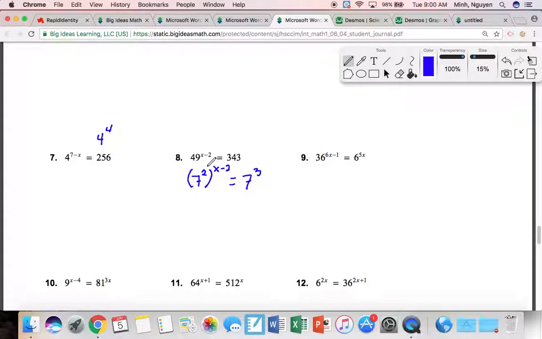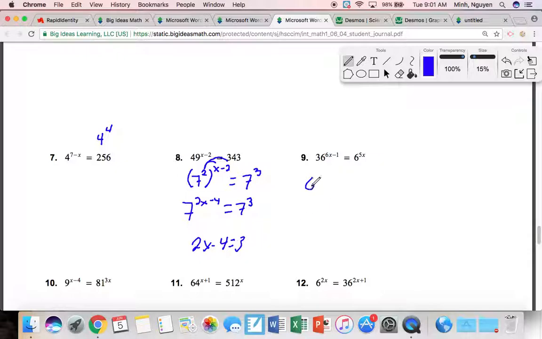If you're not familiar with exponent rules yet, which I don't expect because we haven't even gone over this in class, just for the sake of showing you, we could multiply these exponents. So 7 to the 2x minus 4 equals 7 to the 3rd power. Then you would add 4, or you would say 2x minus 4 equals 3.